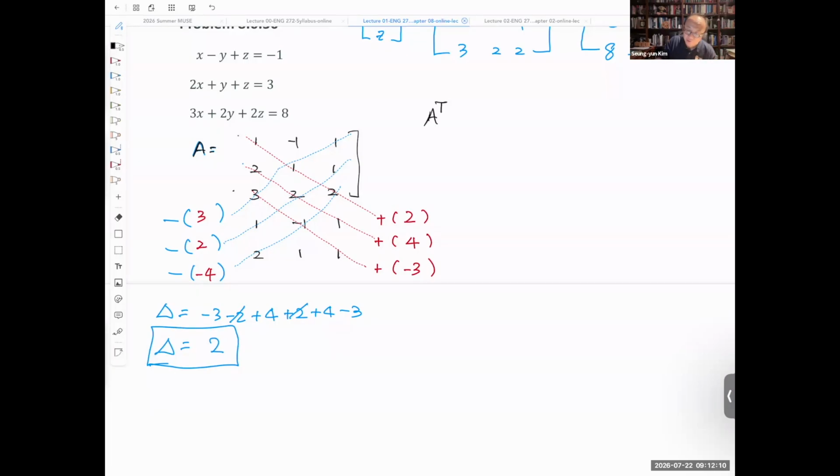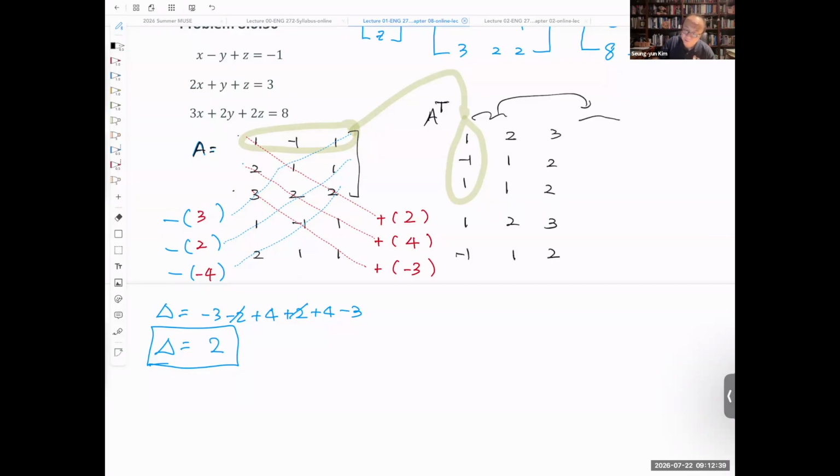And then we need to find A transpose, row 2 column 1: negative 1, 1, 2, 1, 1, 3, 2, 2. Top two rows: 1, 2, 3, negative 1, 1, 2. First two columns: 1, 2, negative 1, 1, 1, 1, 1, 2, negative 1, 1.